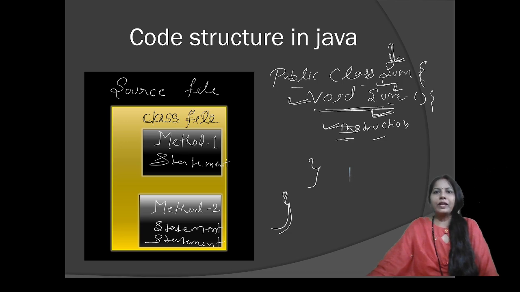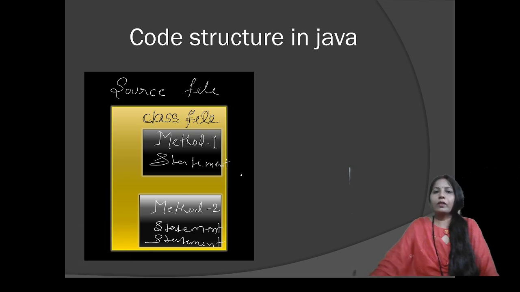Clear? So it means the method works like a function. Clear? Now the next question: what goes in a method?